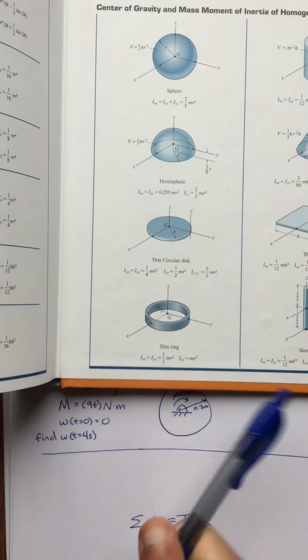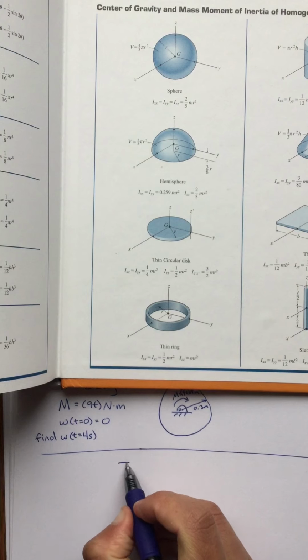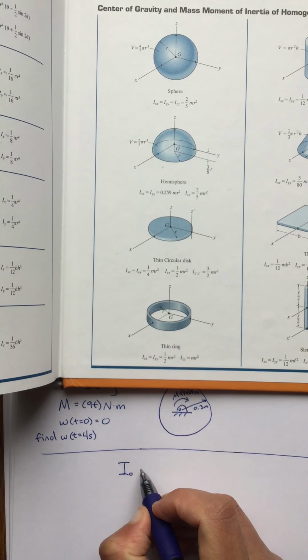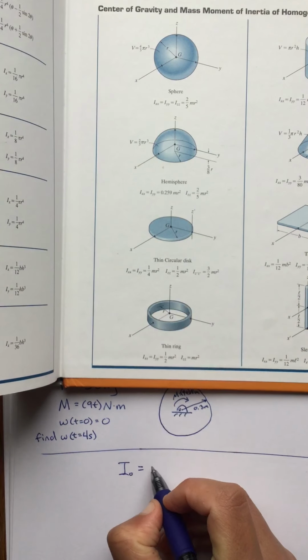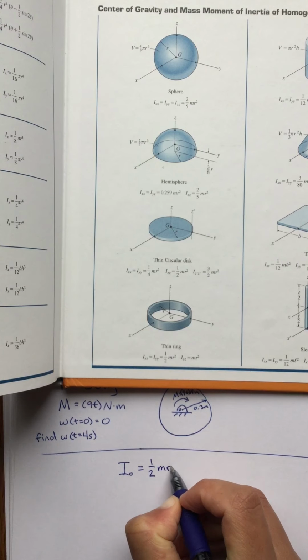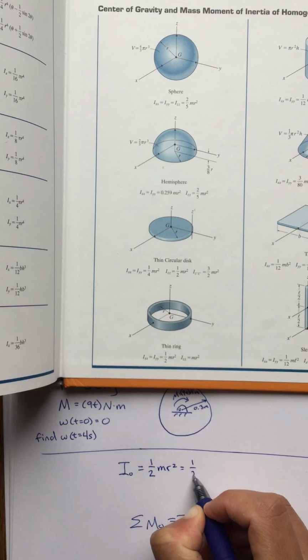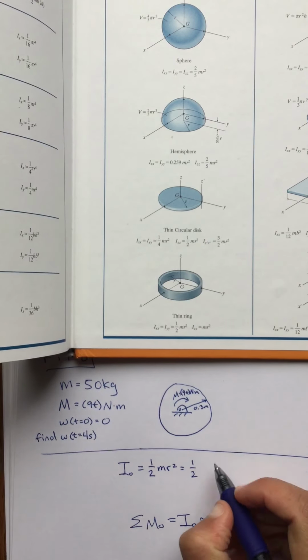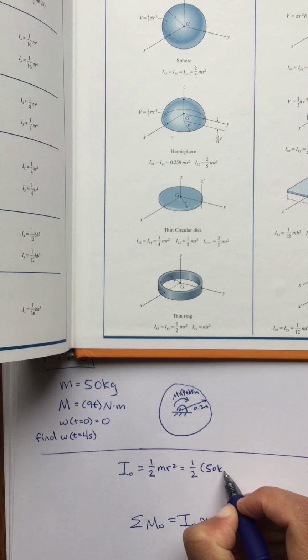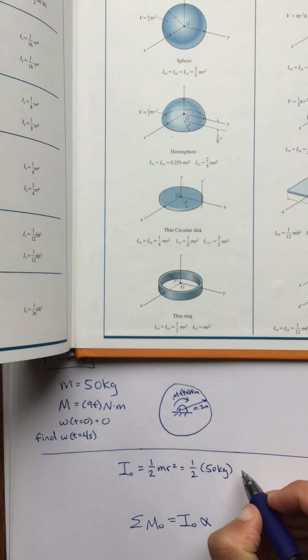So the moment of inertia about point O is equal to 1/2 times the mass times the radius squared. The mass is 50 kilograms, and the radius is 0.3 meters.